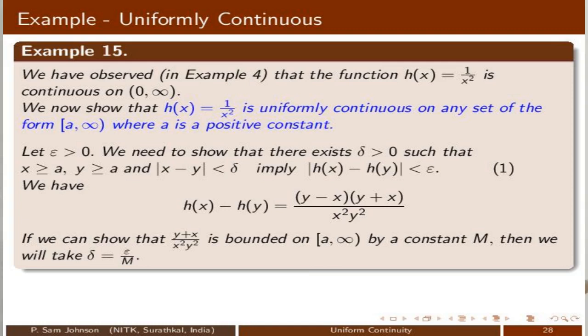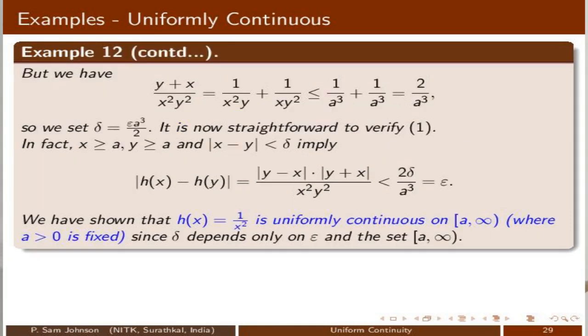If we could get the bound for (y plus x) over (x square y square) over the interval A to infinity, then we will be able to get delta, which can be taken to be epsilon by M. This one can observe easily, because every point in the set is more than or equal to A. Using that relation, we can prove that this quantity is less than or equal to some bound.